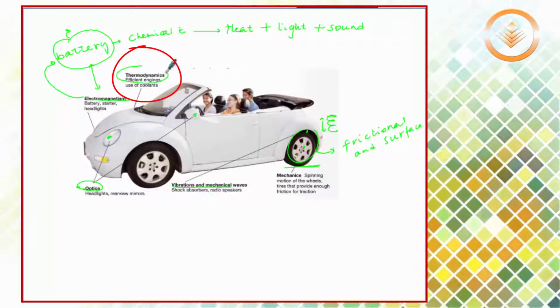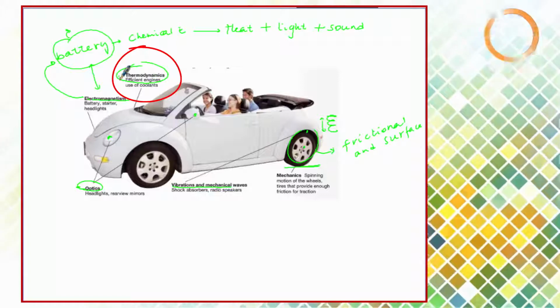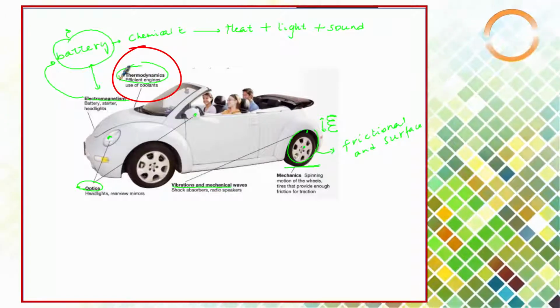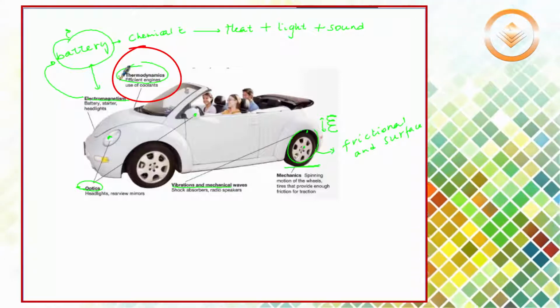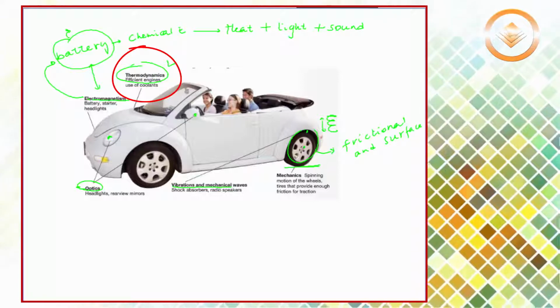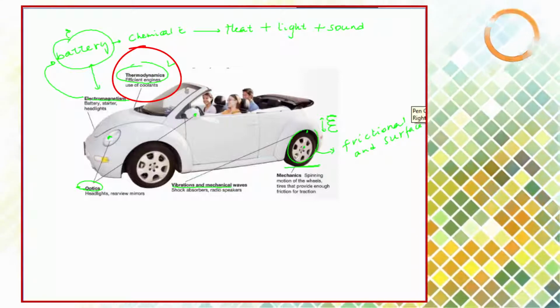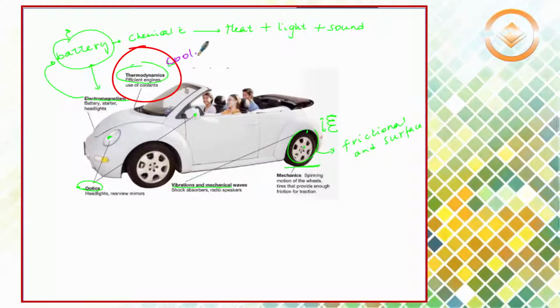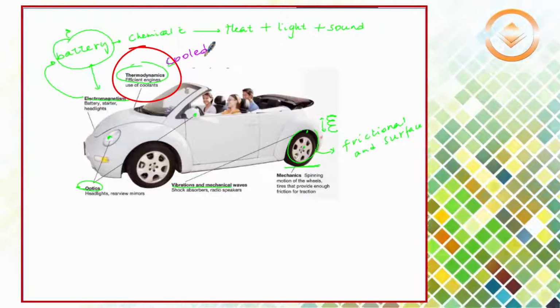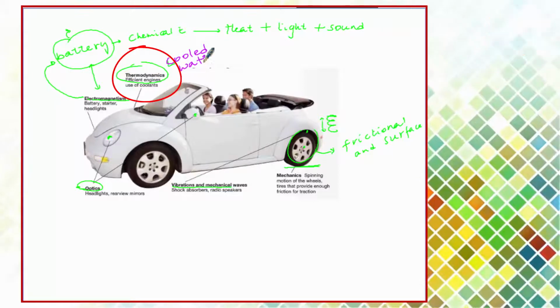You will find here thermodynamics. As you all know, a car has a coolant and an engine. When the engine is working, it generates heat. So this heat has to be cooled down. This heat is cooled by the water that you find in a coolant.